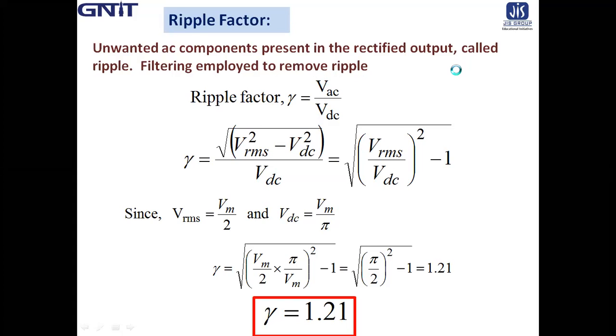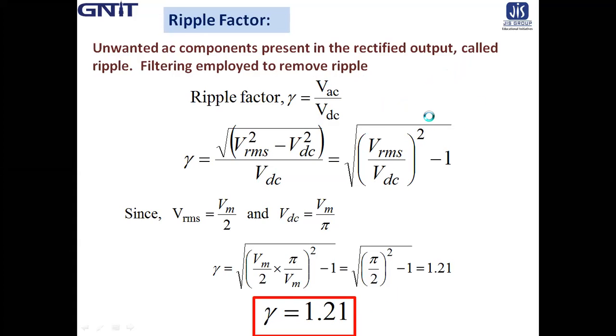And we want to minimize the ripple so that we can get a pure DC waveform. Now how to get a pure DC waveform? This question naturally arises. Otherwise, why do we use a rectifier?